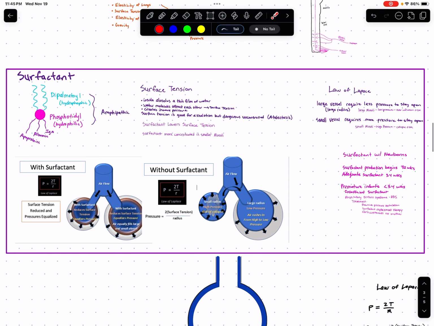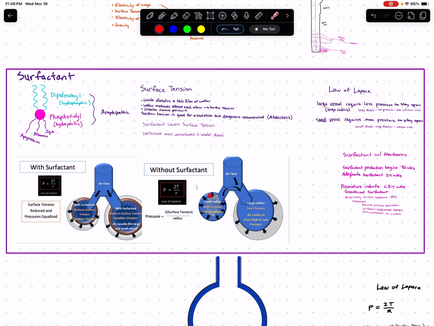Okay, let's go over surfactant. Surfactant is amphipathic. It has a polar head and nonpolar tails. And this helps with the surface tension, which comes from water. Water lines the alveoli, and it actually wants to collapse in on itself because water is attracted to itself.